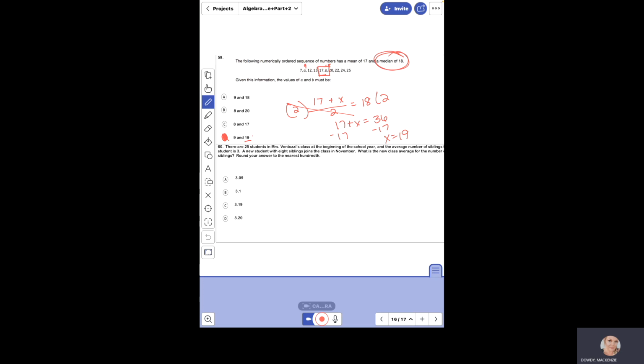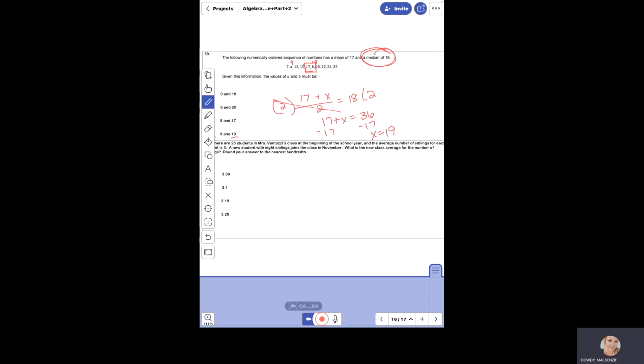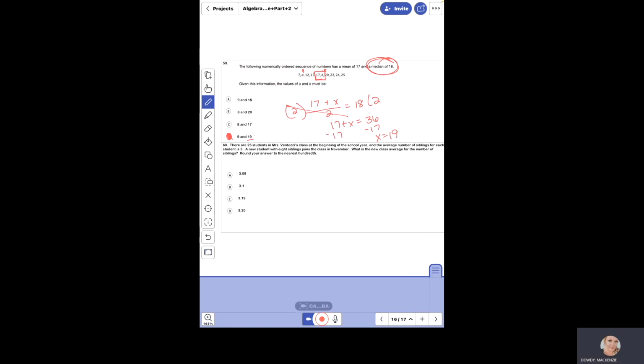Number 20 or 60: there are 25 students in Mr. Ventosi's class at the beginning of the school year, and the average number of siblings for each student is 3. A new student with 8 siblings joins the class in November. What is the new class average for the number of siblings? Round your answer to the nearest hundredth.